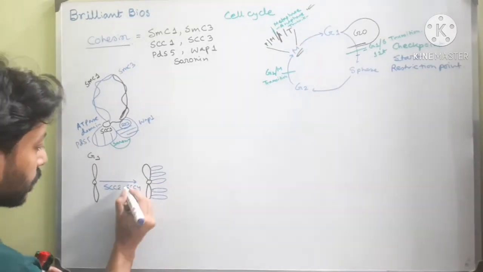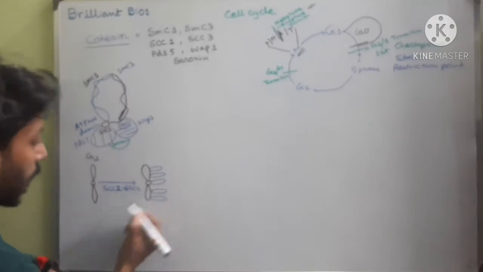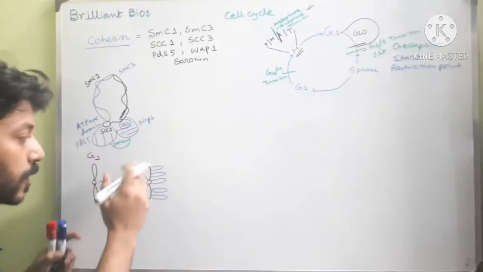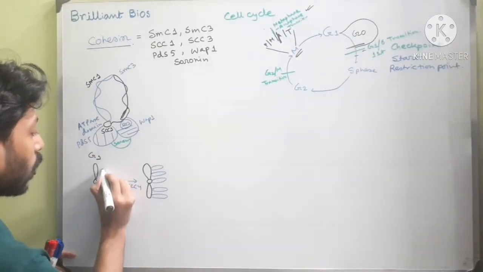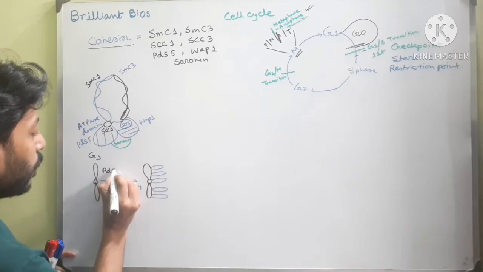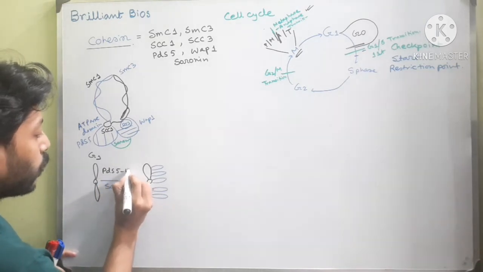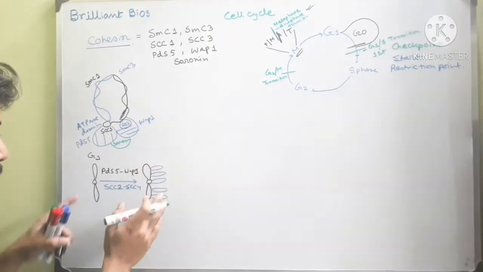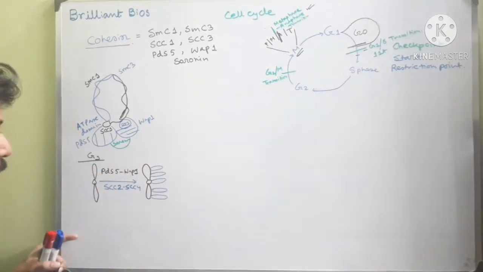Another fact is that other molecules are present that can reverse the process, that actually remove these cohesins. The proteins are called PDS5 and WAPL that are associated with this molecule. So this process can be interchanged in the G1 phase.